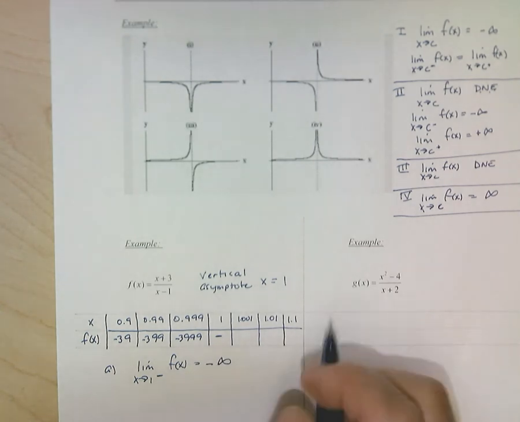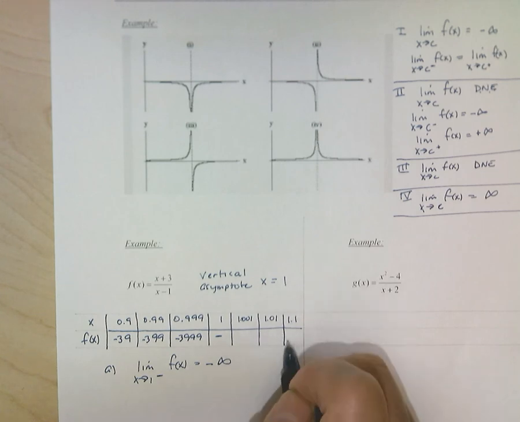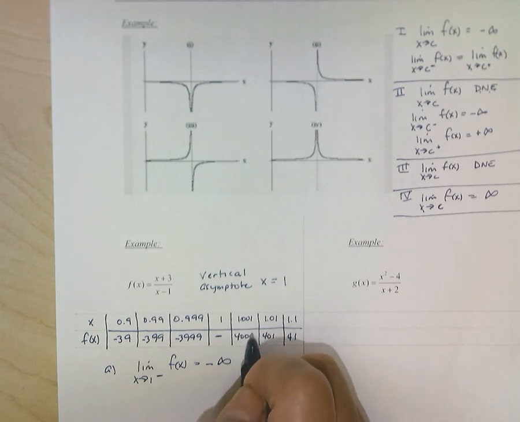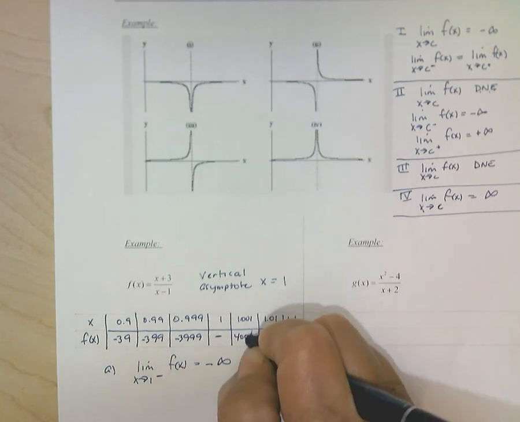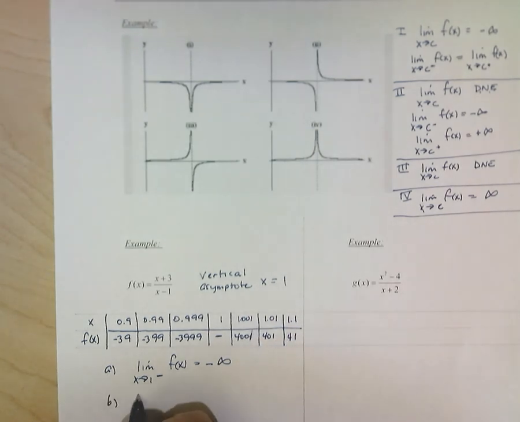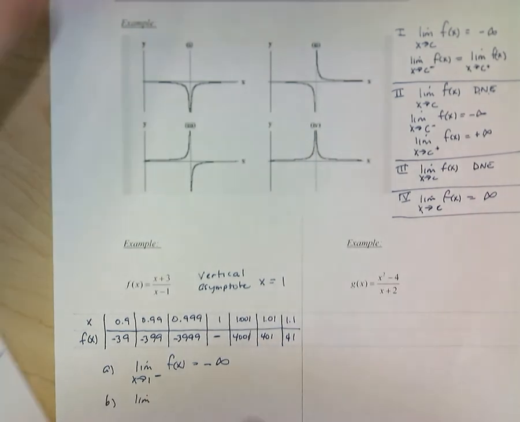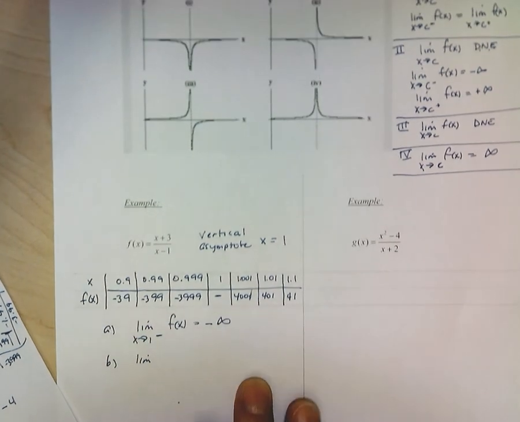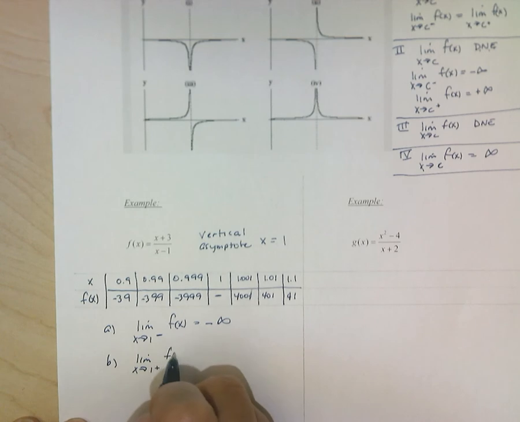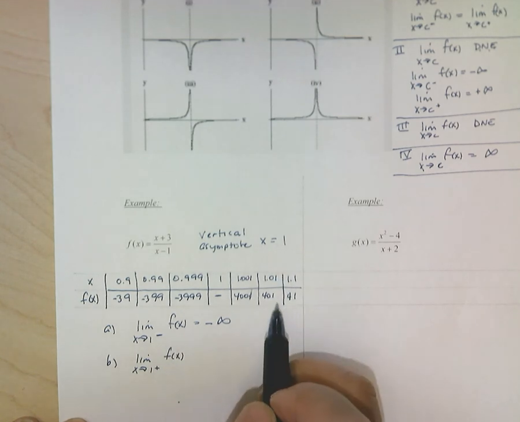As I choose numbers from the right, this would have gotten me 41, 401, 4,001. So for the limit as x approaches 1 from the right of f of x, these numbers keep getting larger and larger.